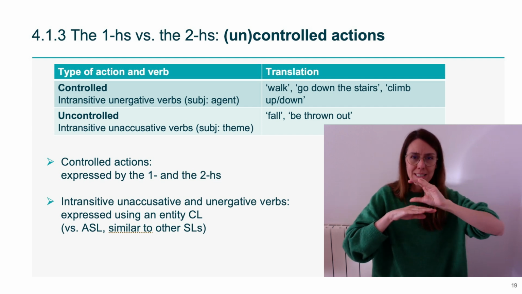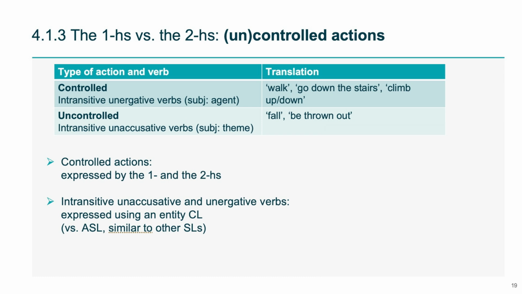And if we look at these data cross-linguistically, differently from ASL but similarly to other sign languages, both types of verbs, so both intransitive, unaccusative, and unergative verbs, can be expressed using an entity classifier.